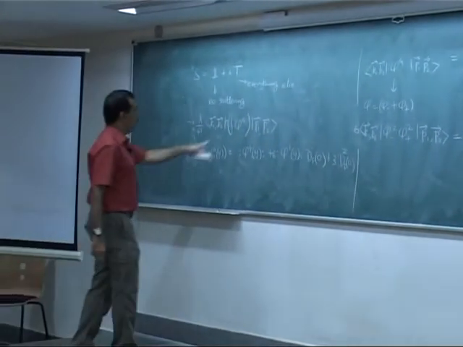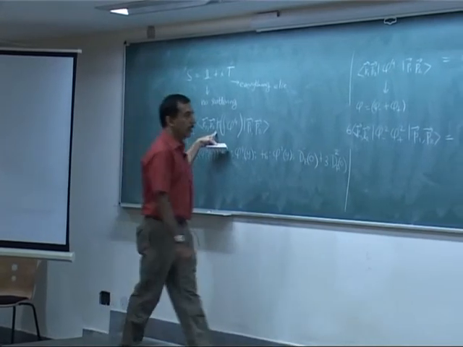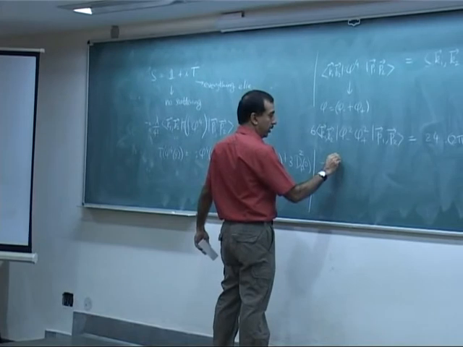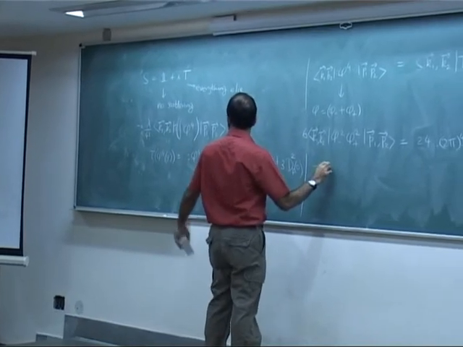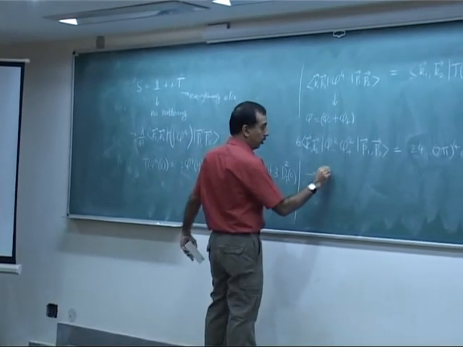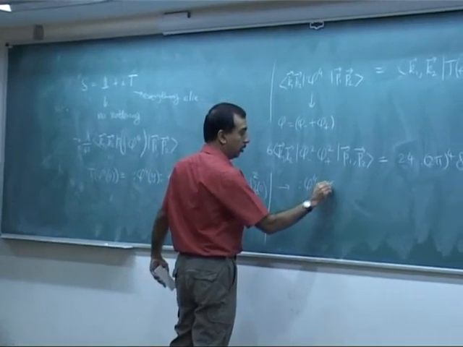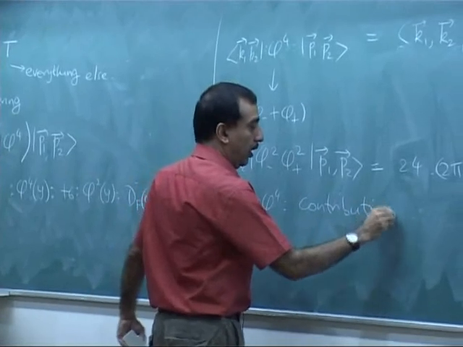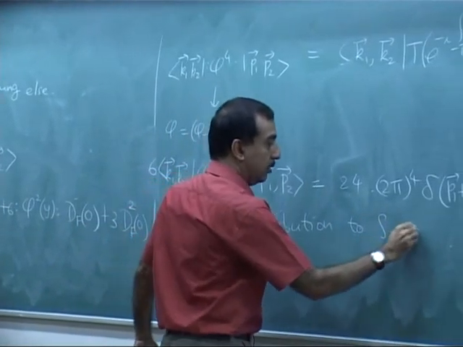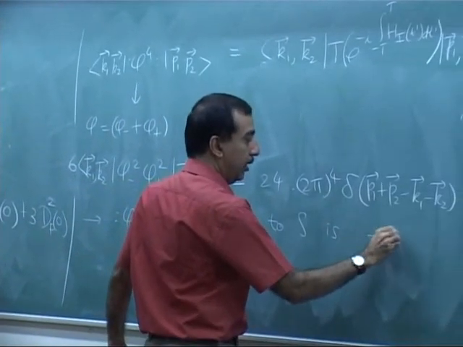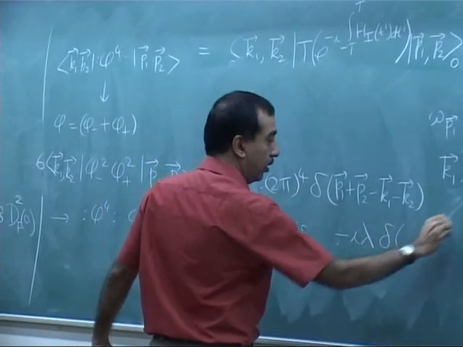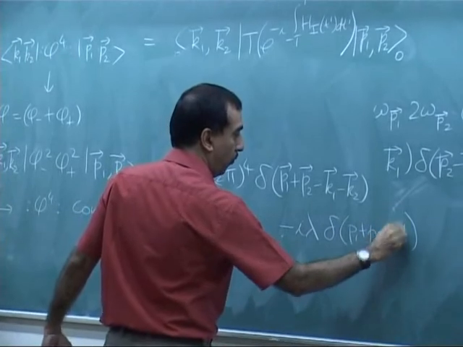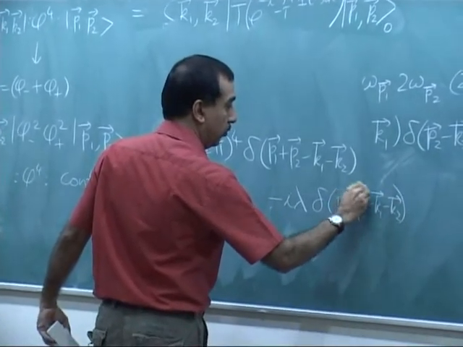So at the end of the day, we plug that back over here, and we find that this contribution, this normal ordered contribution to S is minus i lambda delta of momentum conservation. That's the full contribution for that term.